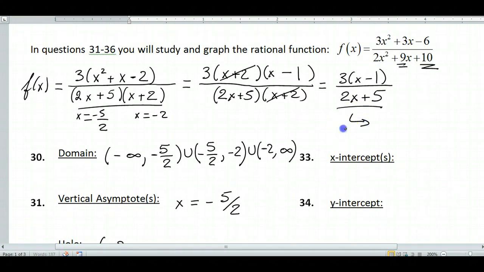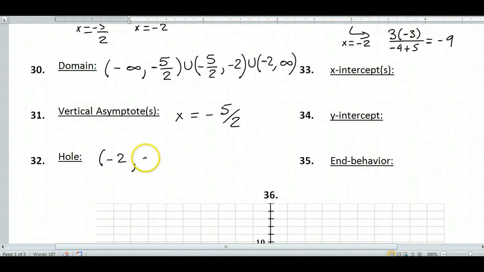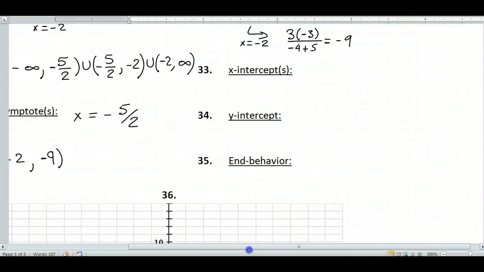You plug x equals negative 2 into it, and you're going to find the y-coordinate of the hole. So we have 3 times negative 2 minus 1, which is negative 3, over 2 times negative 2 is negative 4, negative 4 plus 5 is 1, so it is negative 9. Negative 9 is the y-coordinate of the hole.